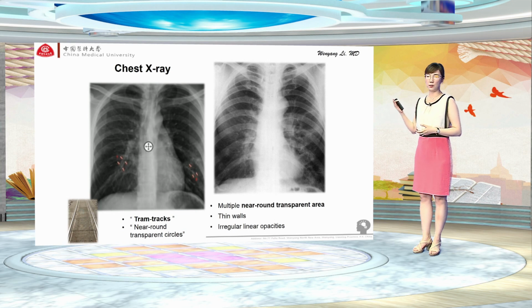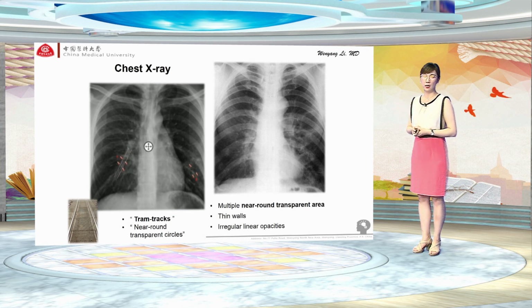As you can see from these pictures, there are tram tracks, which look exactly like the tracks of a train, right? As well, there are some near-round, transparent opacities there. They are all strong signals for bronchiectasis.